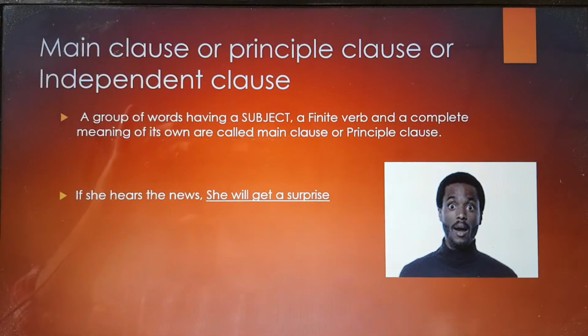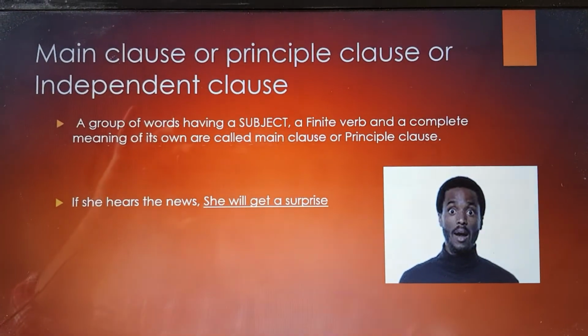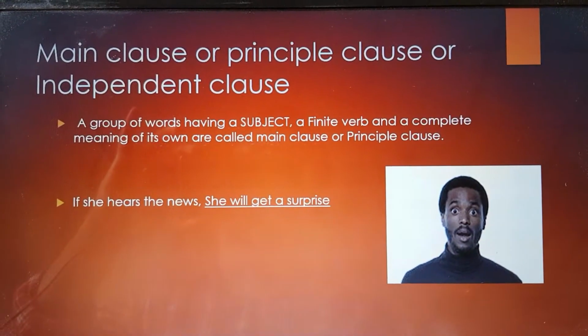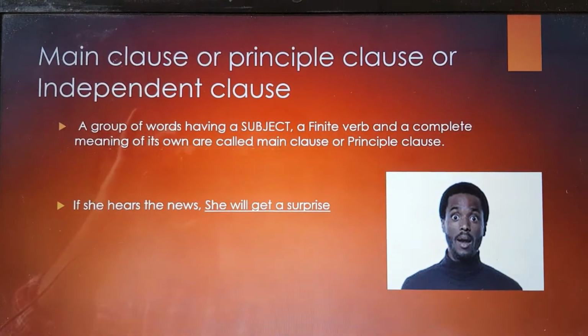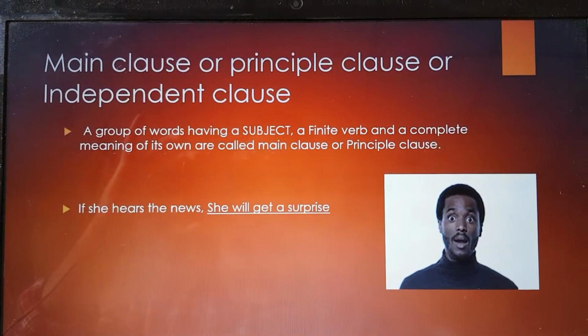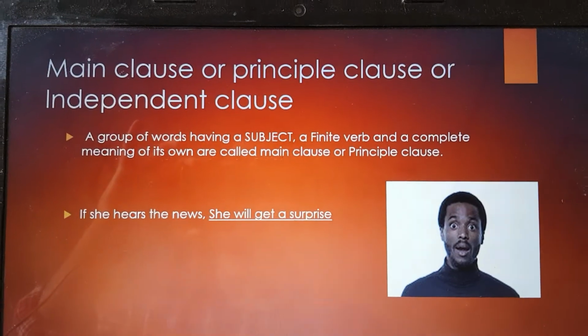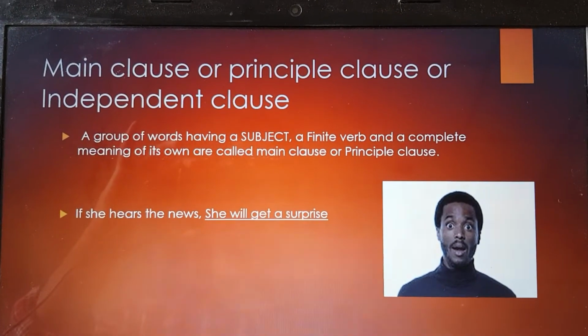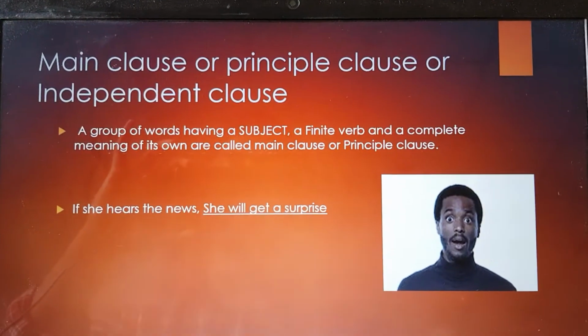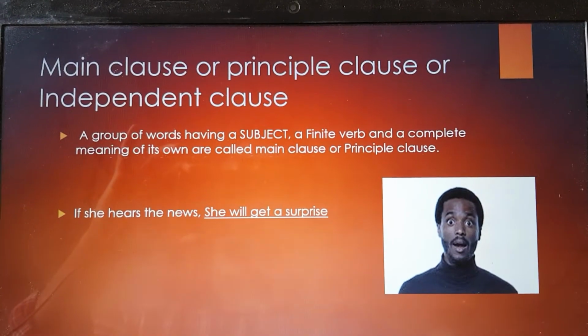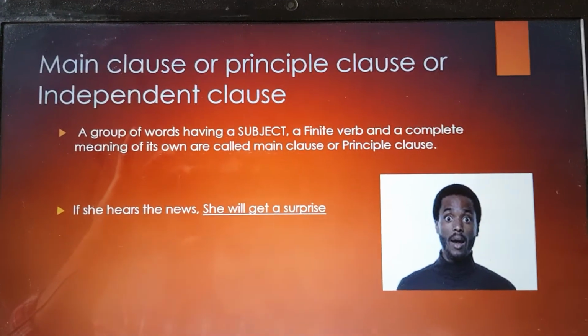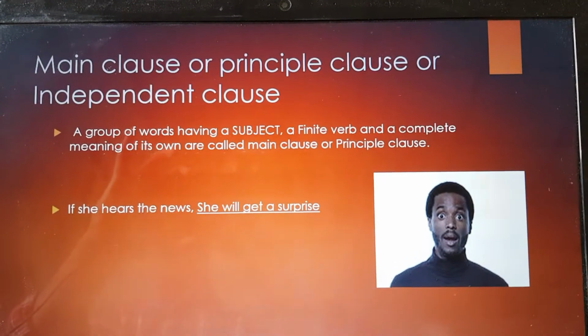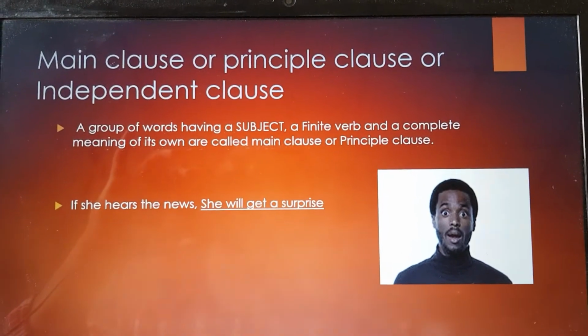Now we'll be looking at another aspect of this conversion of sentences, that is the main clause or principal clause. So what is a main clause, a principal clause or an independent clause? Don't get confused that these words are different from each other. These are not different; these are synonyms of one another.